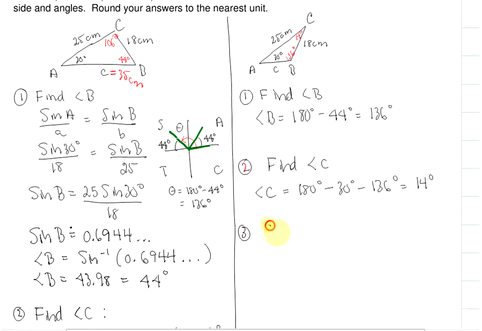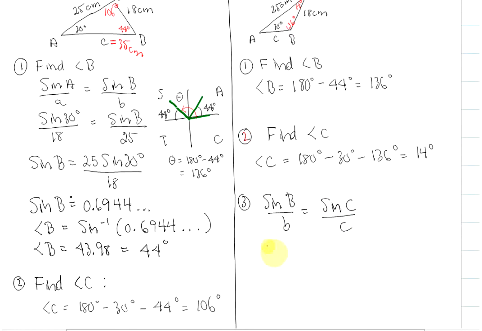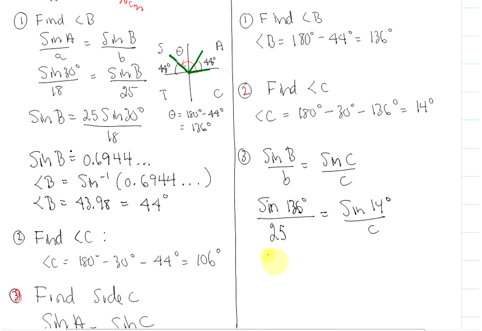Okay, and then I will work it out on the next triangle. Okay, and this time I'm going to use sine of B over B is equal to sine of C over C. Okay, so sine of B is sine of 136 degrees over 25, and that's equal to the sine of 14 degrees over C. And I get that C is equal to 25 times sine of 14 degrees over the sine of 136 degrees.